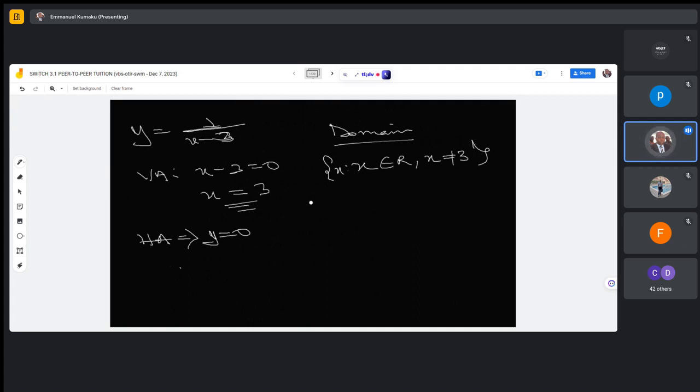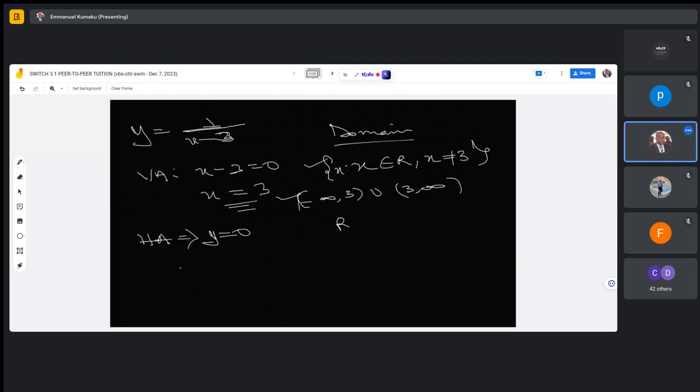We can rewrite it in the other format: from negative infinity up to 3, union 3 up to positive infinity. So we can write it using the set builder notation or this form. So this is the domain of this function.